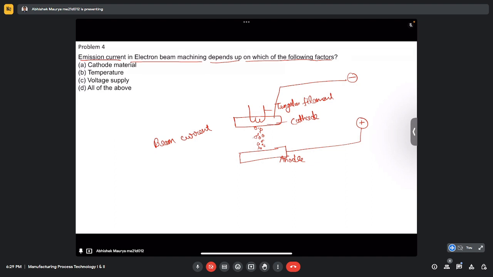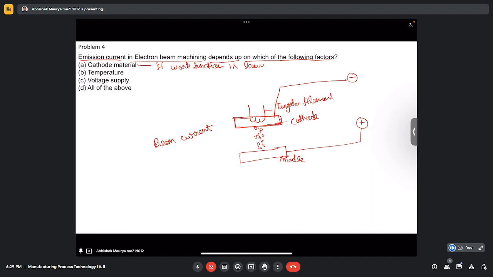Beam current is nothing but the charge flowing per unit time, and it directly depends on the number of electrons. So yes, it depends on the cathode material, because if the work function is low, then electrons will come out easily, and therefore by providing less energy we can produce a large number of electrons.